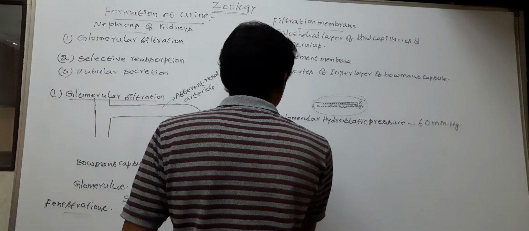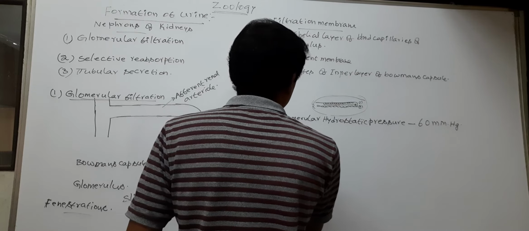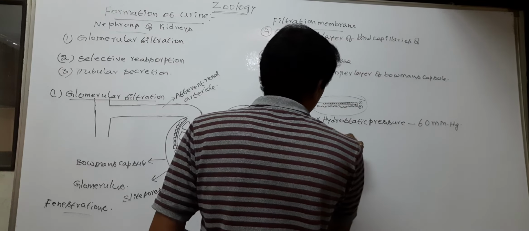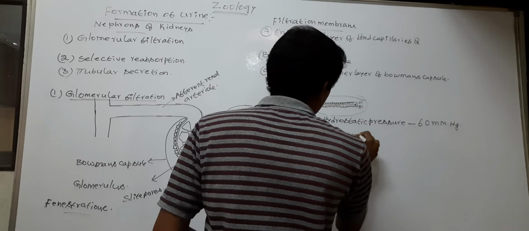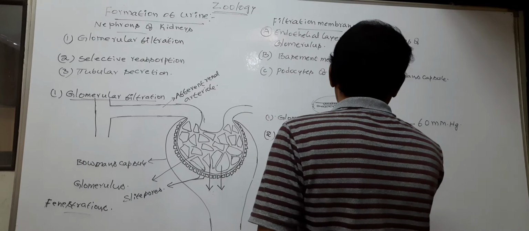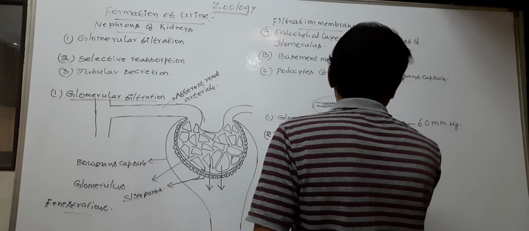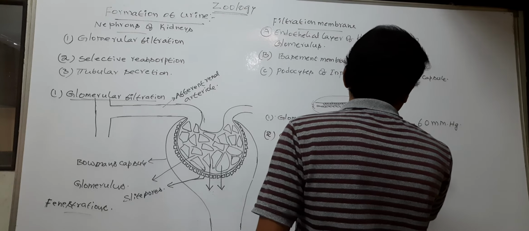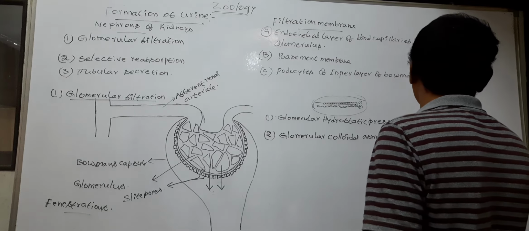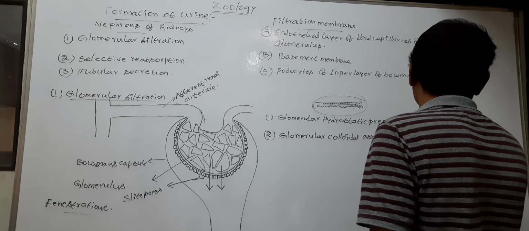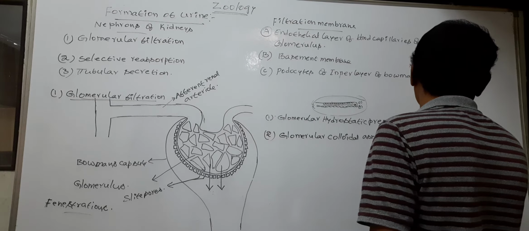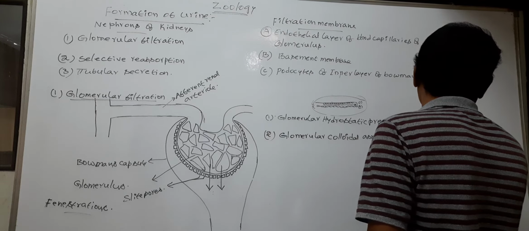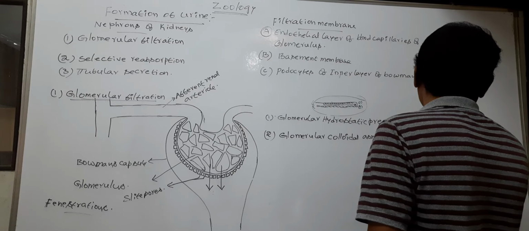So, glomerular colloidal osmotic pressure is 32 mmHg.